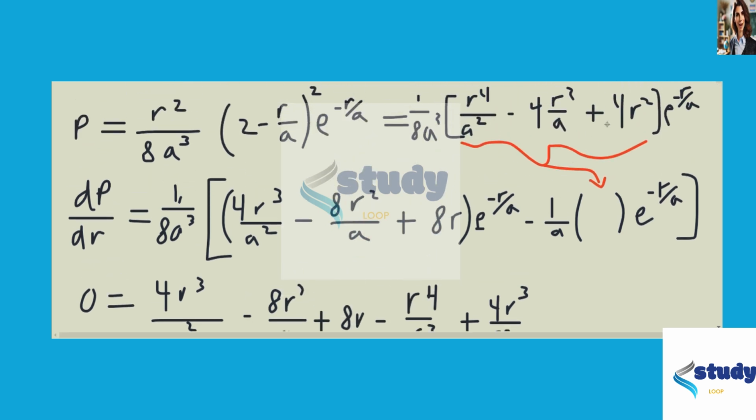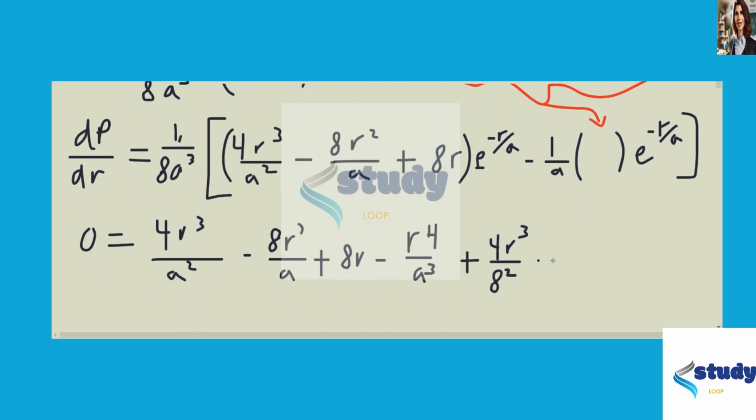Then minus 4r squared over a. Oh, I wrote 8 squared there. That should be 8, not 8 squared. Okay, and this is all equal to 0.